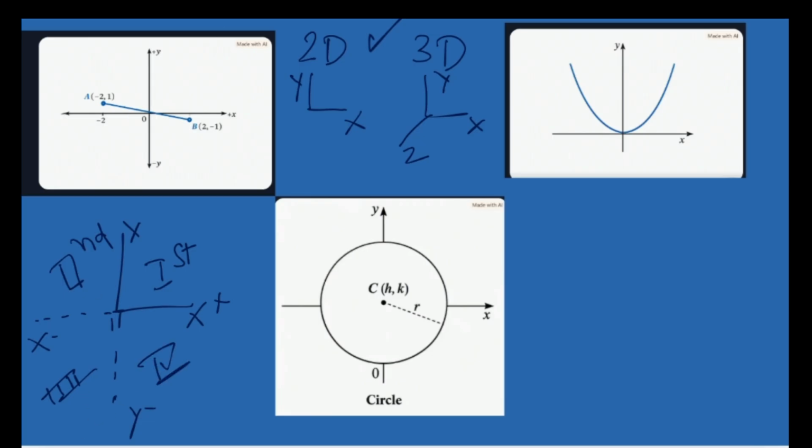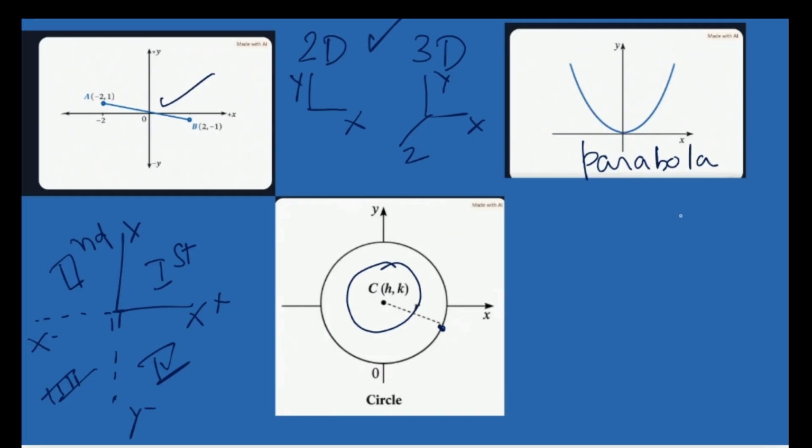And this is the image representing a line segment. This is an image that is representing a parabola. This is an image that is representing a circle. This is a point h, k, representing the difference of the origin from the outer point.